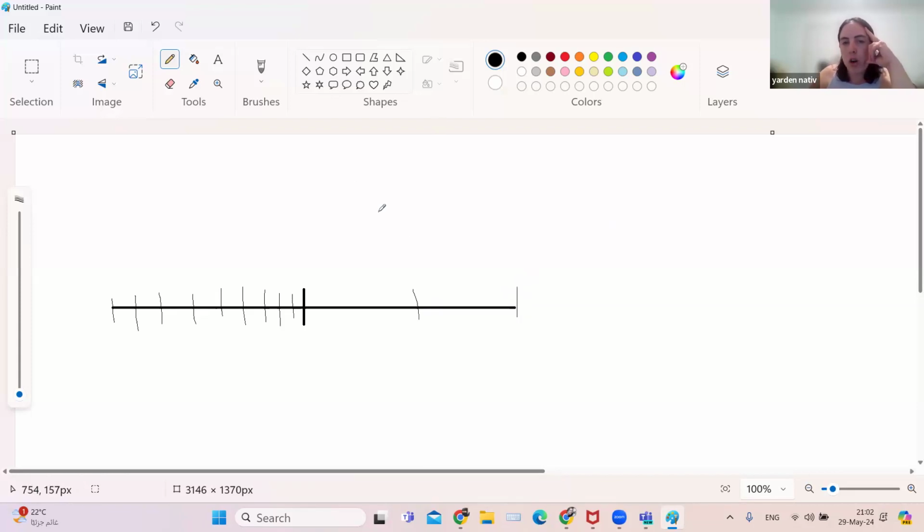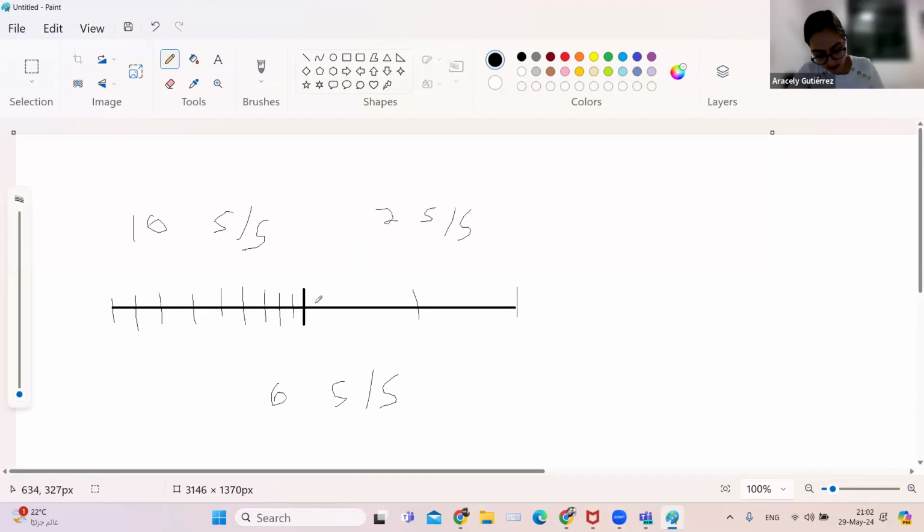Now over here we have 2 spikes per second, and here it's 10 spikes per second. So the average between 2 and 10 is 6 spikes per second, right?